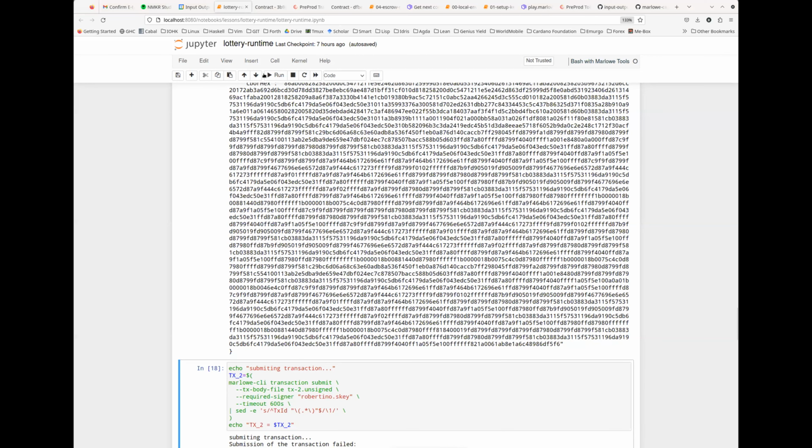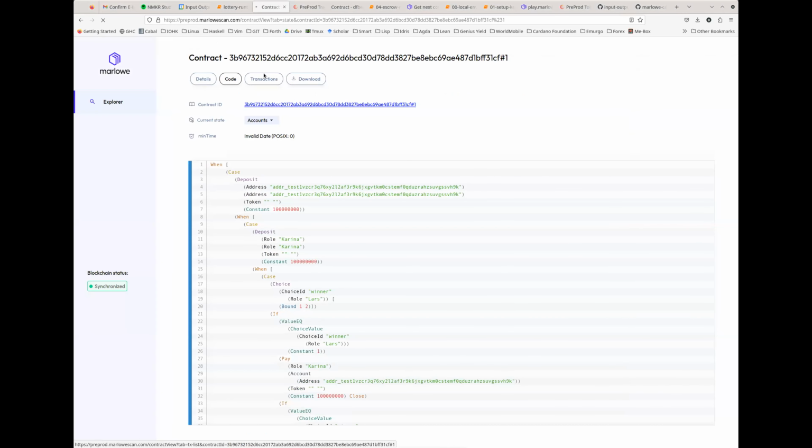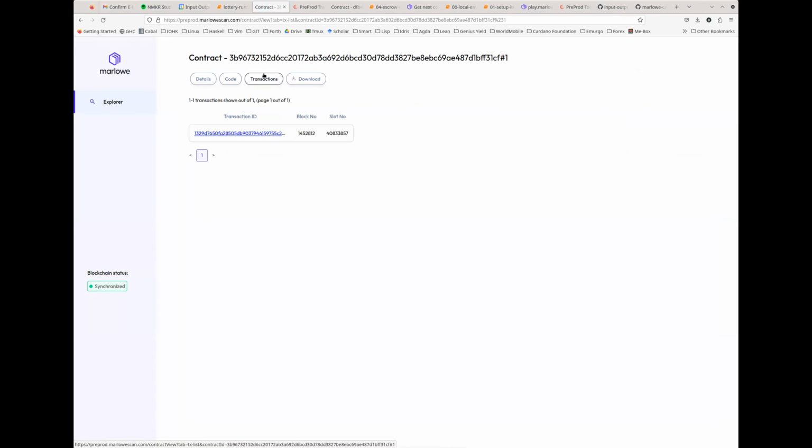Of course, we have this. For whatever reason, never mind, it worked. So now if we see here in the Marlowe scan, let's go step by step.